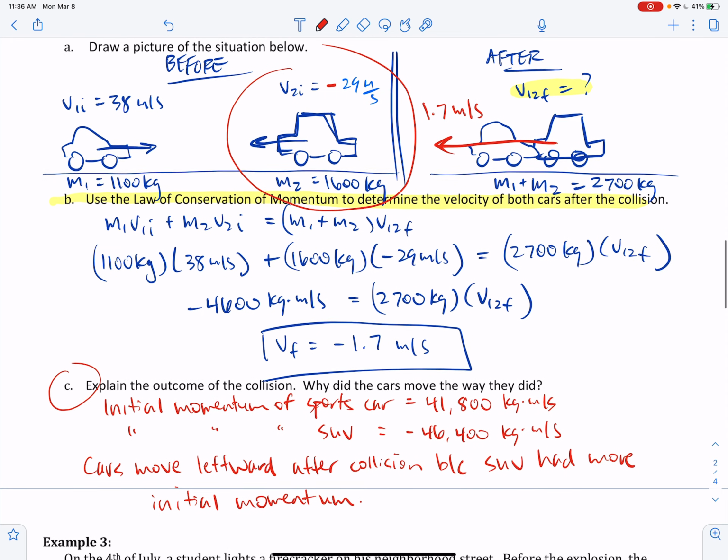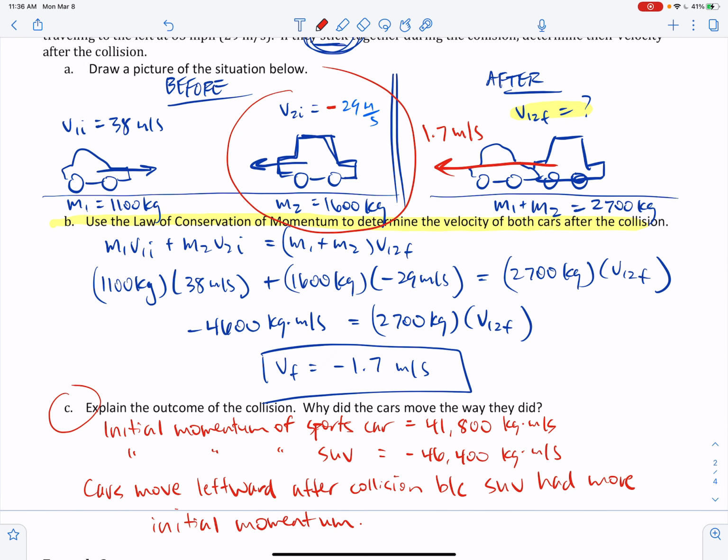And you can use that kind of logic anytime you're predicting the direction that the objects are going to move after the collision. Whichever object has more momentum is going to win and will determine the direction of the objects after the collision.